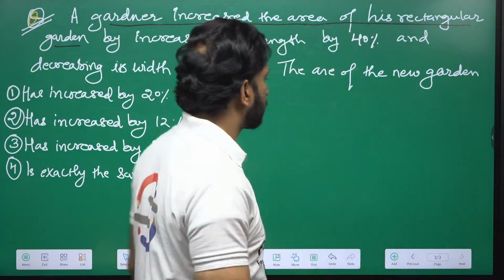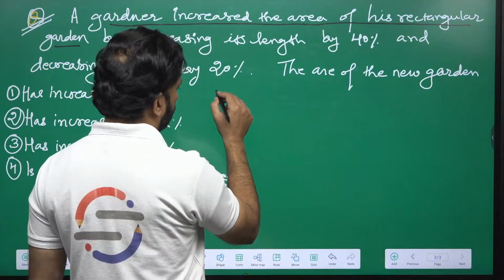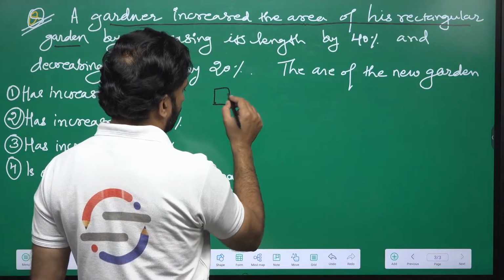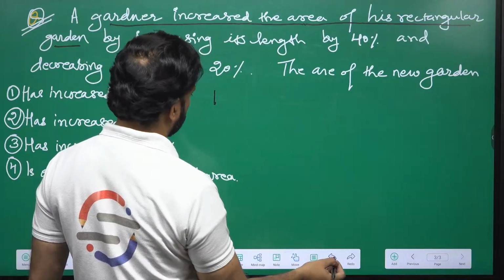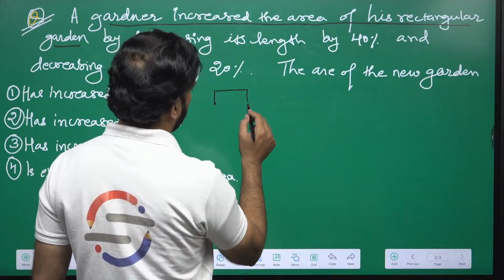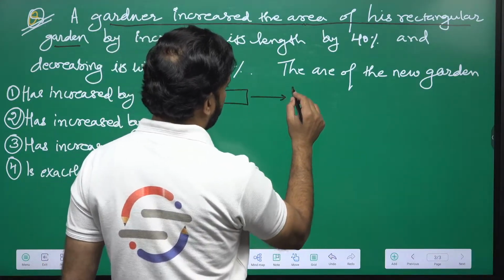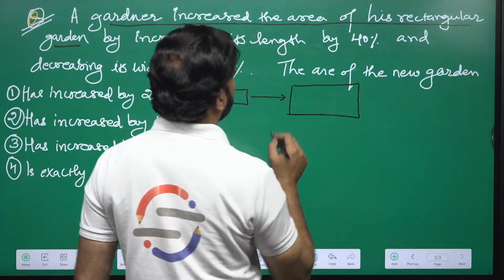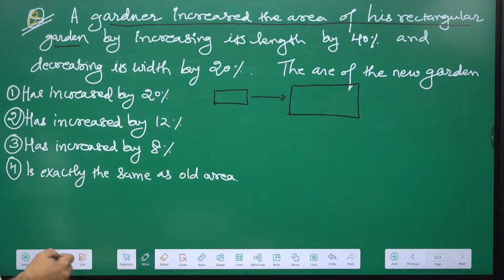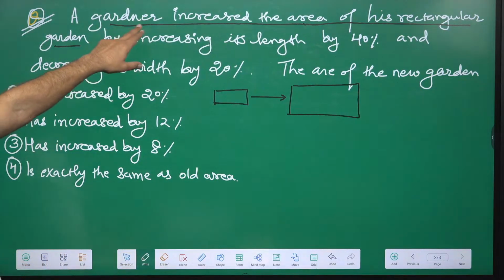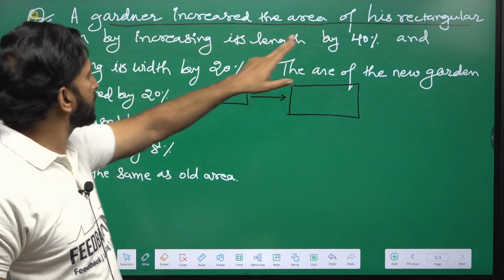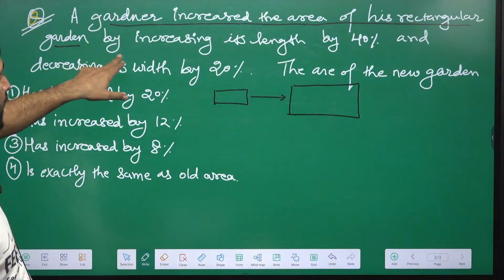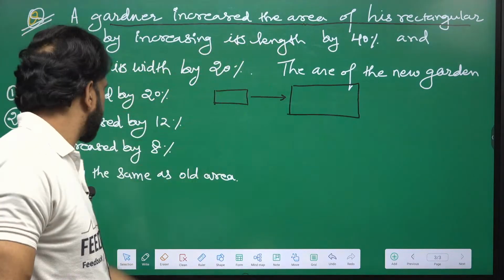So there was a garden, a rectangular shape, and its area has increased, right? A gardener increased the area of his rectangular garden by increasing its length.